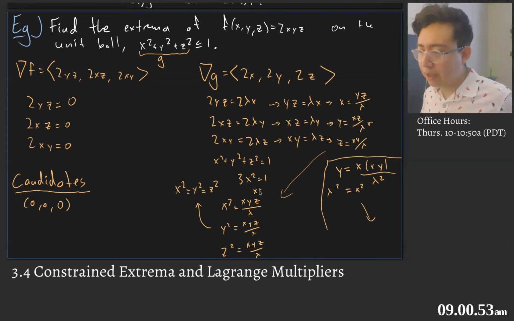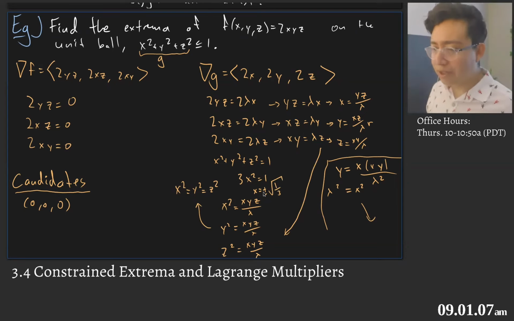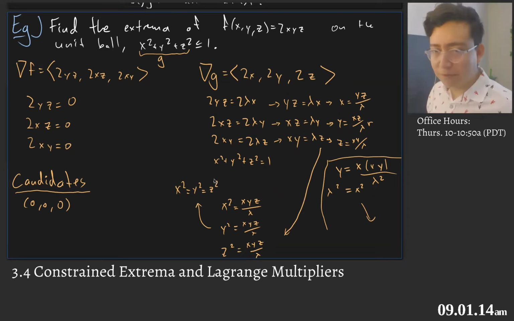We get that x is equal to plus or minus the square root of 1/3. You can rationalize that denominator if you want, but I won't. And you could have done this with x, y, or z. Let me repeat what I said. x squared equals y squared equals z squared.